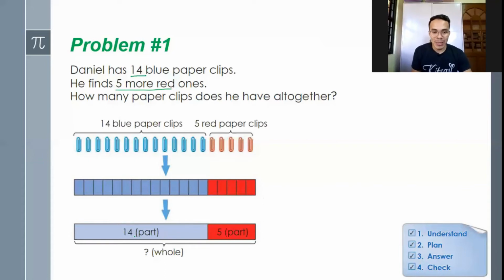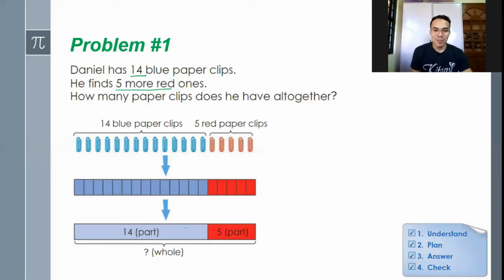So we have here 14, that's one part, 5, another part, and it's also important to put the question mark in the bar model because that will remind you what the problem is asking about.